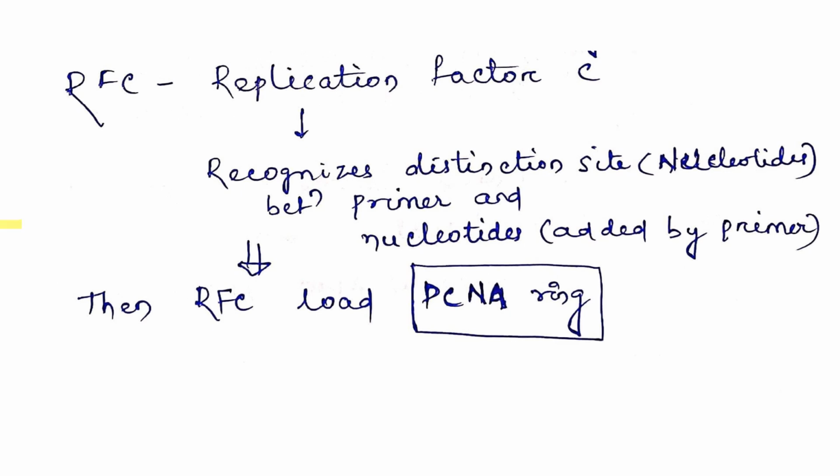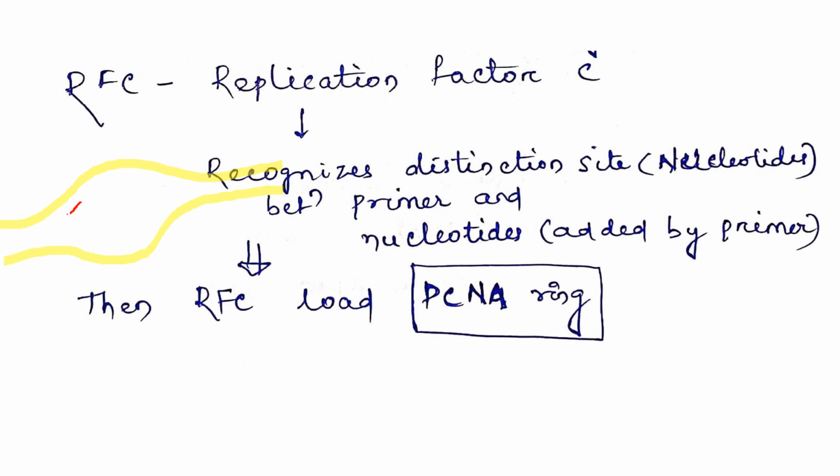Actually, when the double-stranded DNA unwinds to form single strands, before the polymerization or elongation process, primer will be added to this part, which will be added by this DNA polymerase alpha.